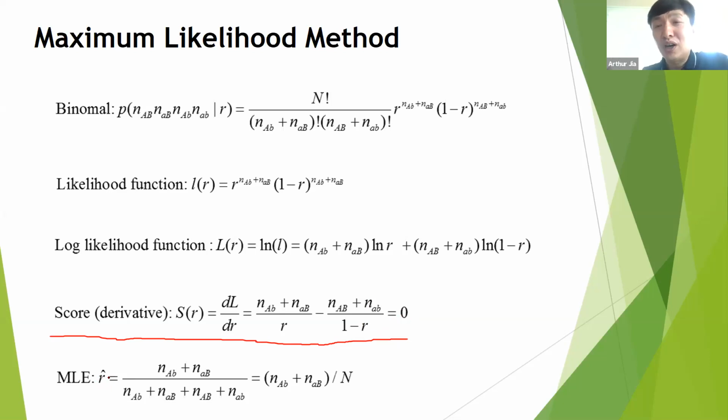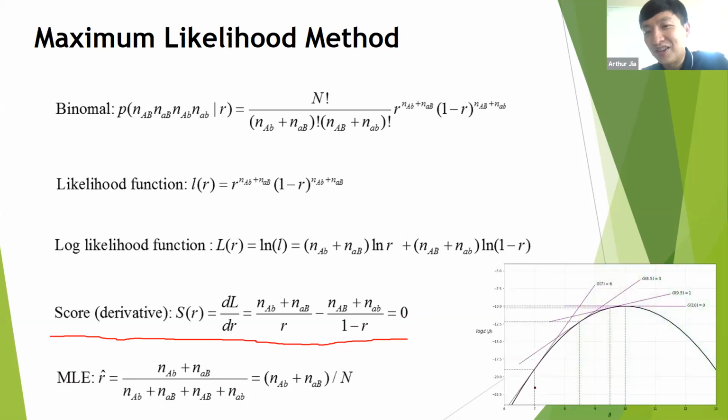What we can do to the best of our ability is to get this estimation using the data, right? So the same thing here. If this is the likelihood function, we just do the first derivative and calculate the slope at each point, and this value will give us the best estimation for this R. Do you agree?